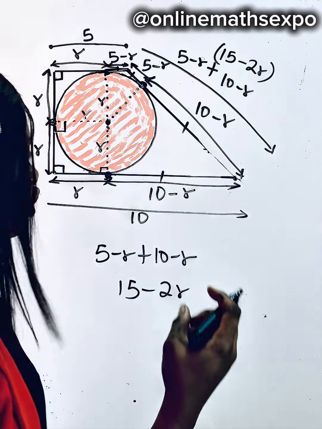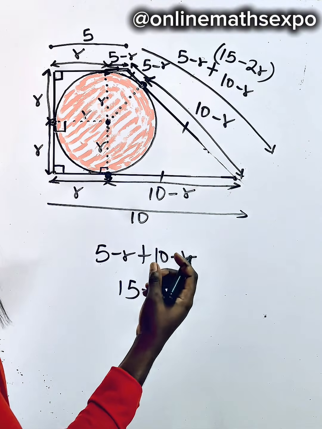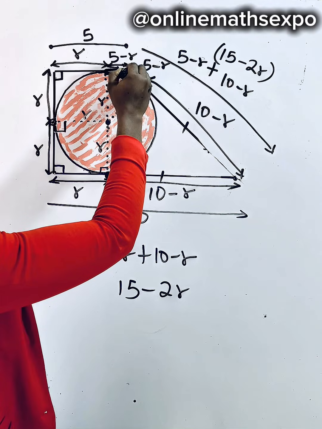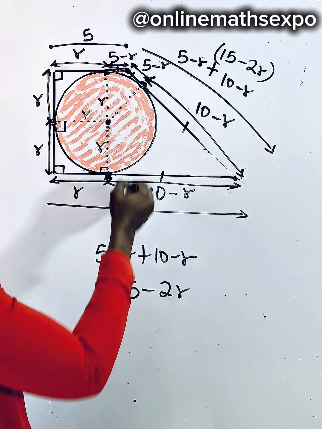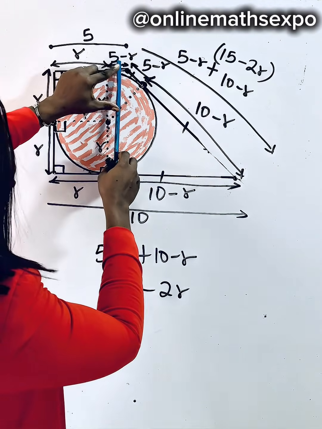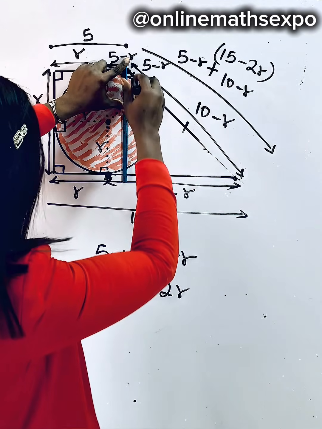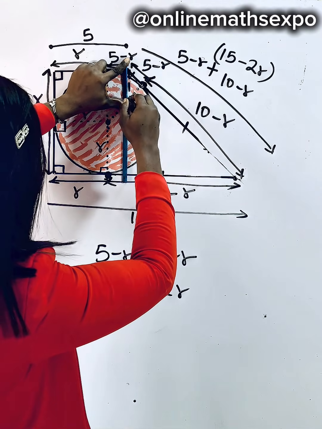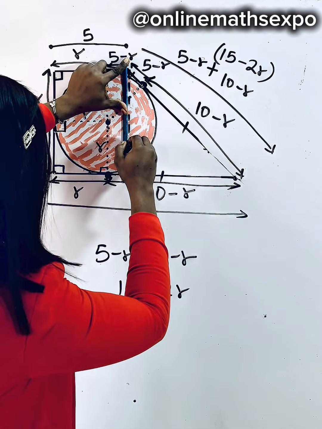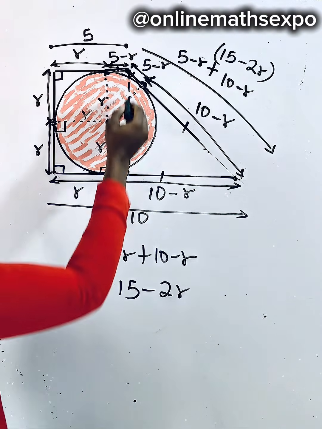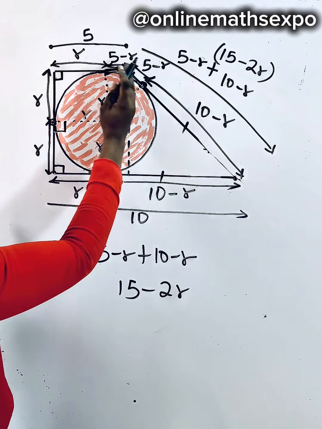Remember our target is on the radius. Now, is it possible for us to create another line from here, from this vertex? Let's create another line to touch this part. So if you do that, this is what we have. Now you notice that this part has formed a rectangle.